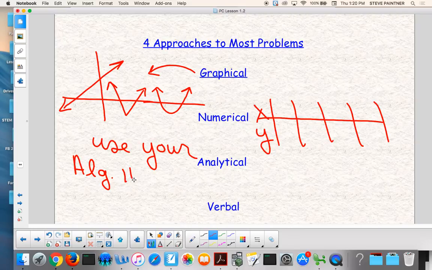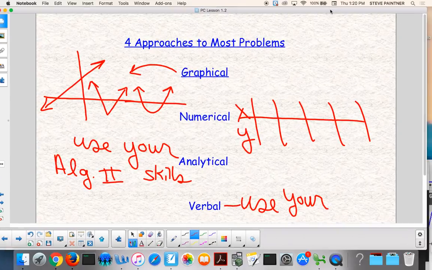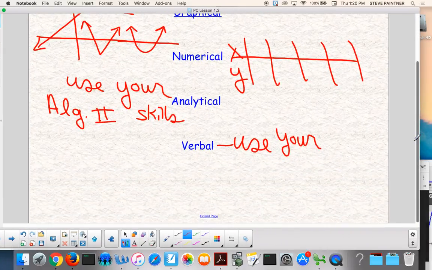I'll say algebra 2 skills because most of your skills come from algebra 2. And verbal just means use your words. When I say use your words, you could look at an equation and you could say the y value is twice as big as the x value. You could actually use your words and write it out that way.